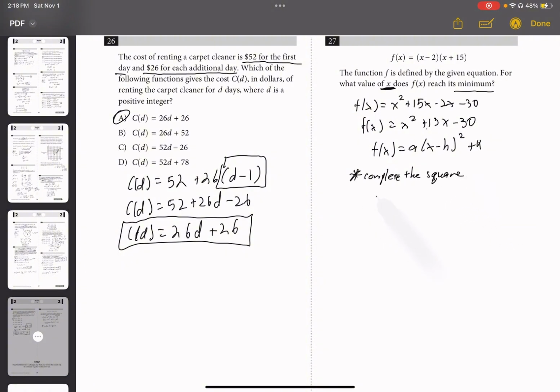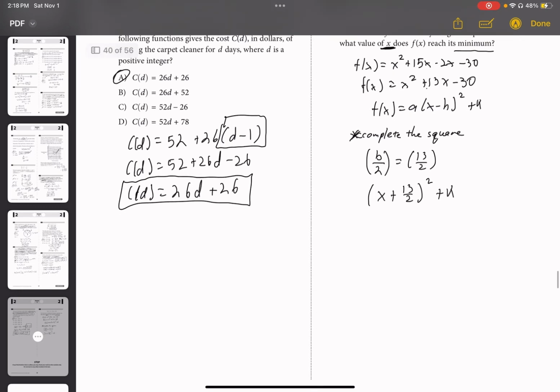Completing the square is done by taking b, dividing it by 2, and that gives you 13 over 2. So we're going to put that within the x plus 13 over 2 squared, and then we have to add k.